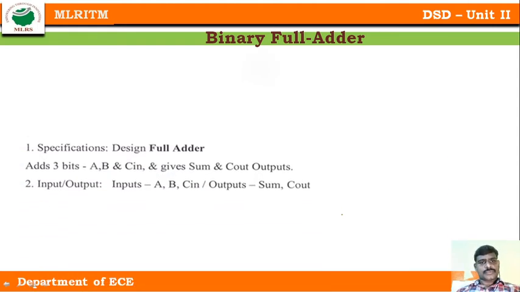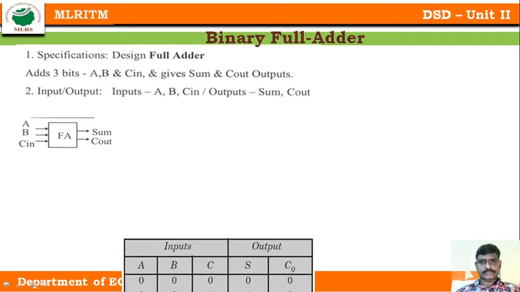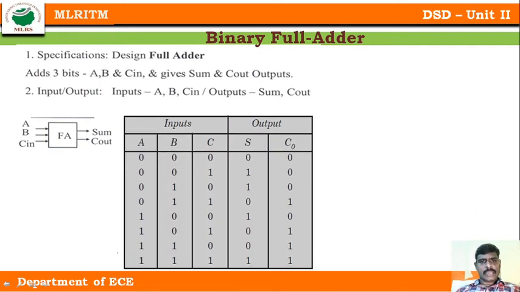So now my specifications: my inputs are A, B and C in, and the outputs are sum and carry out. This is the combinational circuit required, with inputs A, B, C in and outputs sum and C out. Why have I drawn 8 rows here?